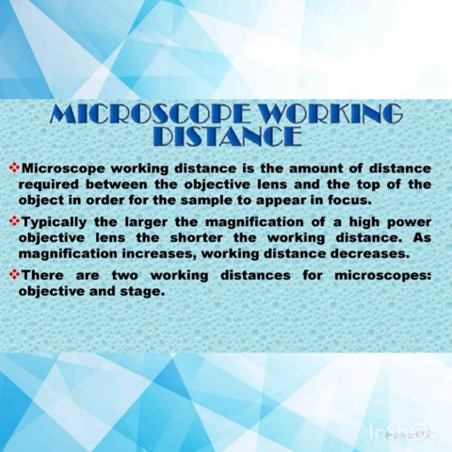As magnification increases, working distance decreases. There are two working distances for a microscope, objective and stage. Together, they define the space you have to work with objects and still focus with your microscope.